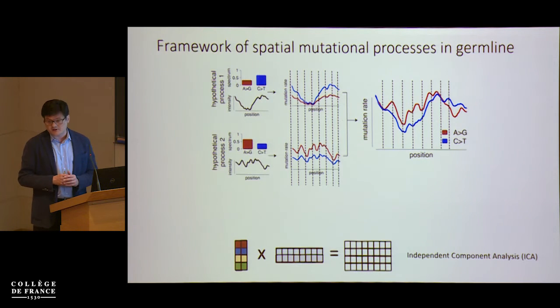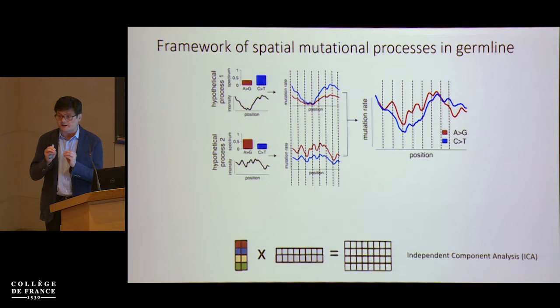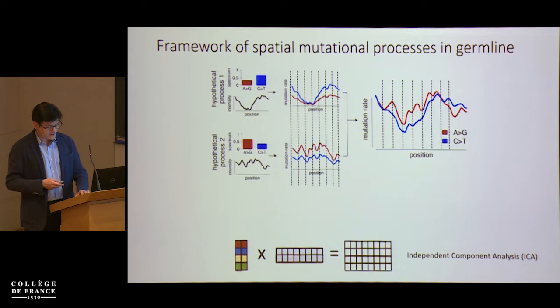In reality, it's a two-step procedure. Again, I skip details, but I would be happy to discuss it with everyone who's interested. Now, when I'm saying it's ICA, not NMF, it means that we have to live with negative mutation rates. So we think about enrichment or depletion rather than how many mutations happen in this context. Right, so we'll have negative numbers.